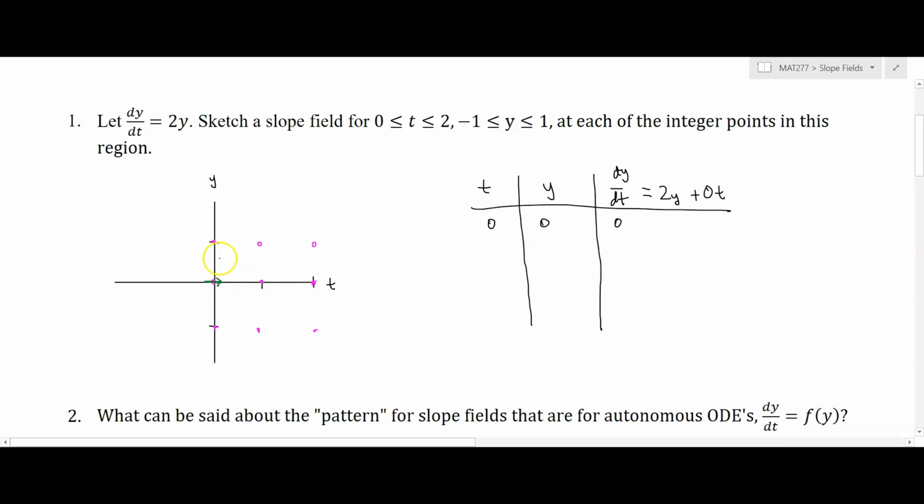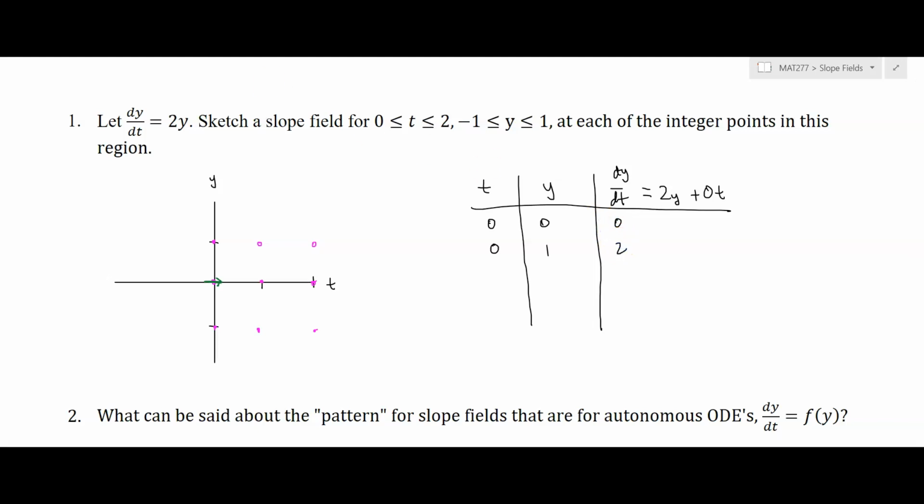We would do the same thing at the other points, so let's jump to the point 0, 1, which is this point here. When t is 0 but y is 1, dy/dt is twice the y value, so 2 times 1 plus 0 times 0 is 2.